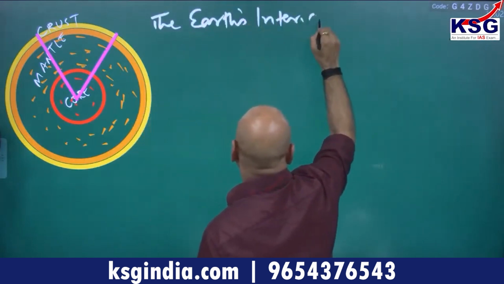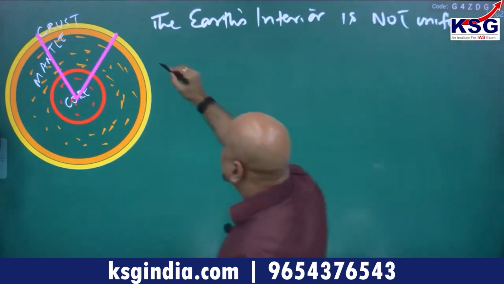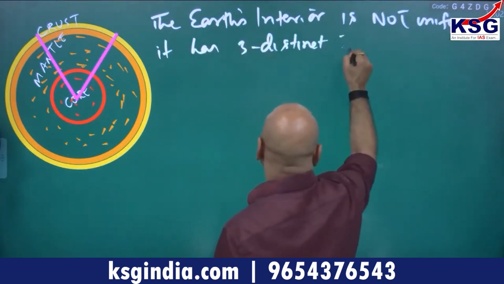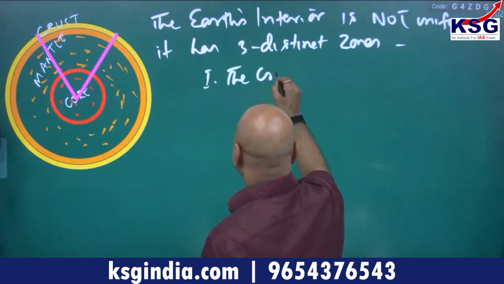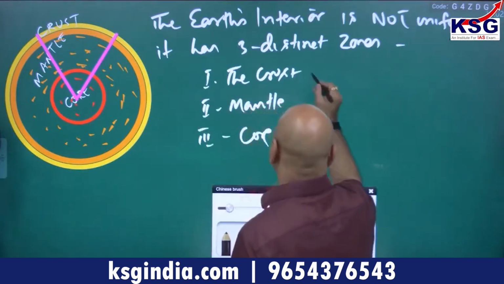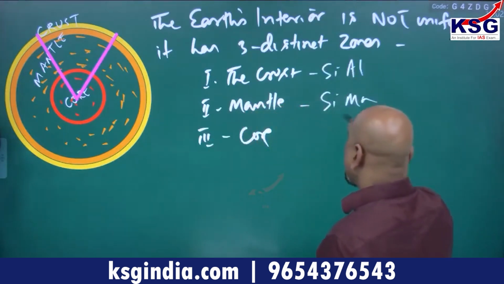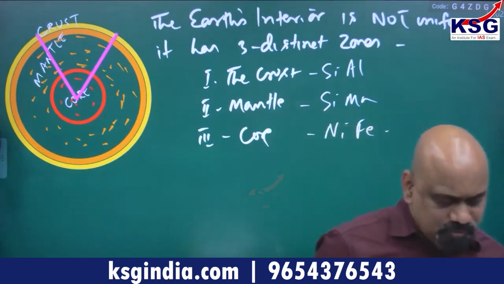Number one, the crust, two, the mantle, and three, the core. I said crust has mostly silica and aluminum, mantle has mostly silica and magnesium, core has mostly nickel and ferrous. Three things you have.